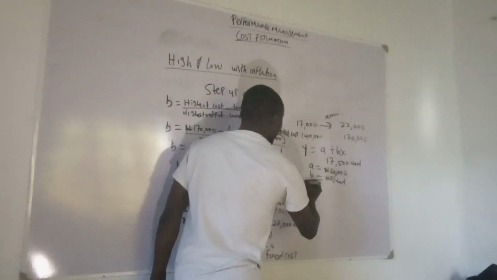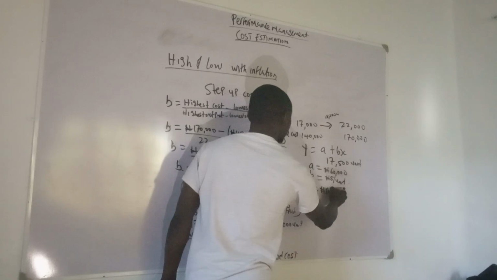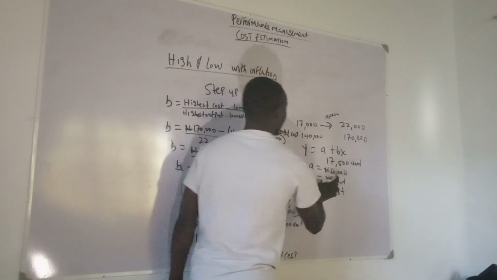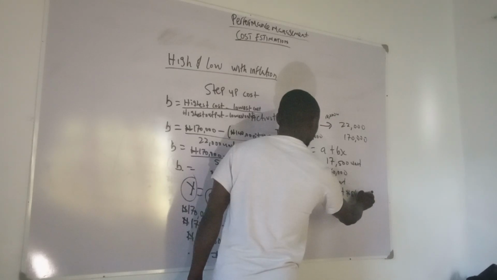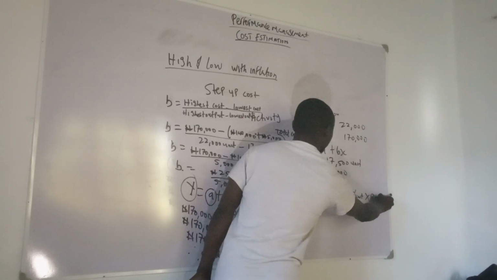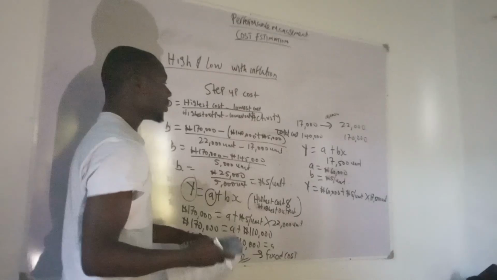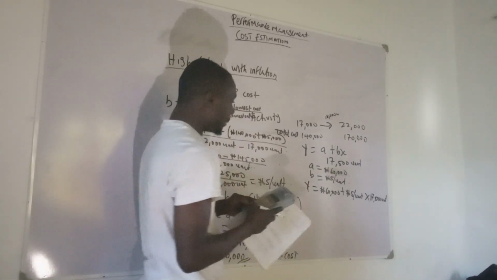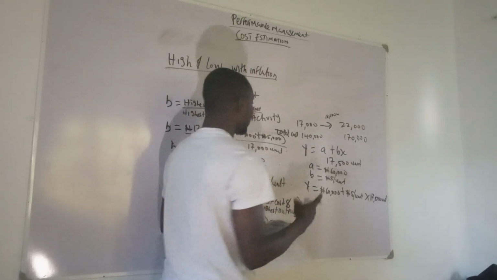Now, Y equals A, which is 60,000, plus B, 5 naira per unit, times 17,500 units. Don't forget that this times this will give you your total variable cost. 5 times 17,500 is 87,500.